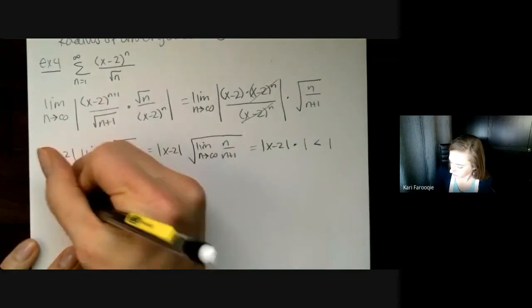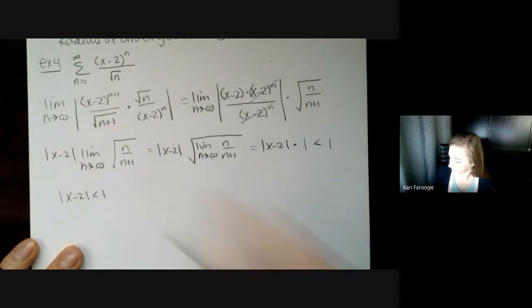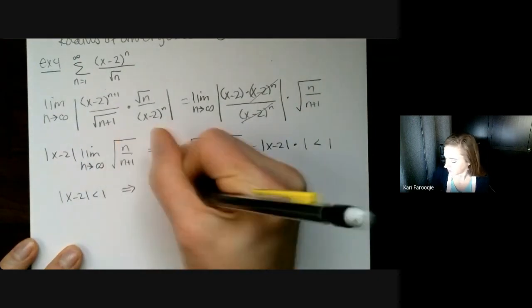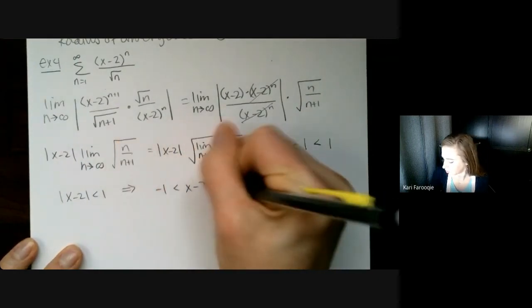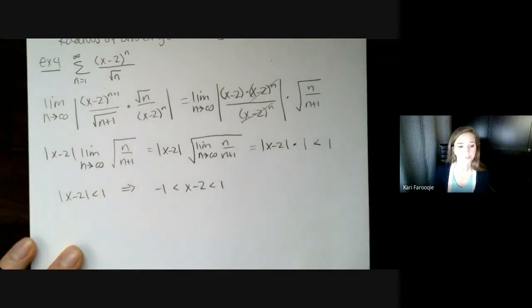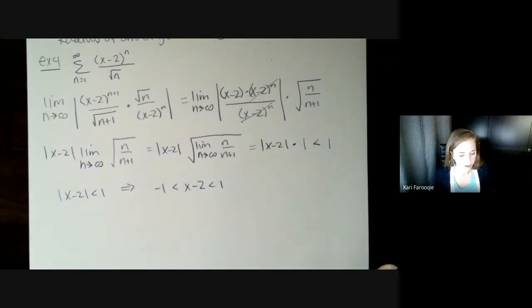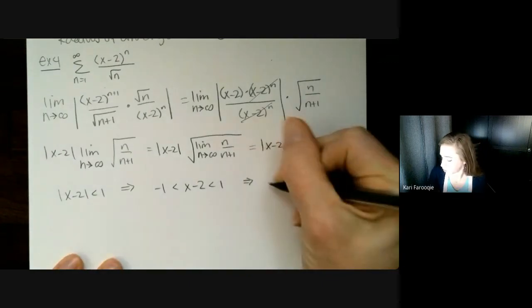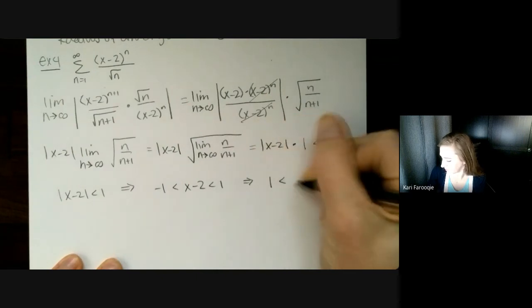All right, so we're going to take the absolute value of x minus 2 less than 1. What this means is that we can sandwich it between negative 1 and positive 1 by writing this as a compound inequality. And then add 2 on all 3 parts.